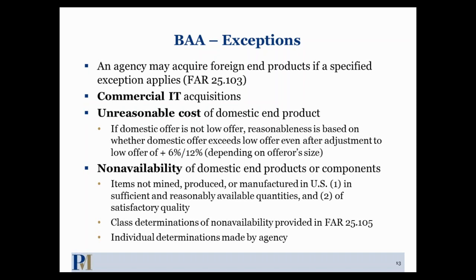Again, for most people, it's probably not going to make a huge difference. It's things like bananas and cashew nuts, cobra venom. So all of you on this webinar that are in the business of manufacturing or reselling cobra venom, there's a class waiver for that. My grandmother would be happy to know there's a class waiver or exception for anise, which she was always such a fan of passing around after meals. But for many contractors, the class determination is probably not going to make a big difference.